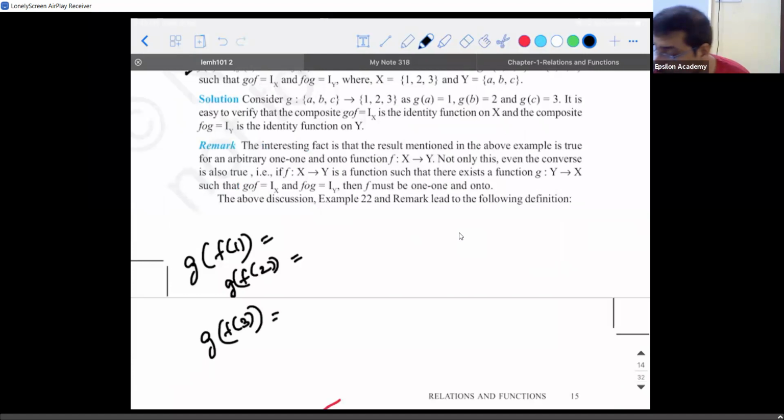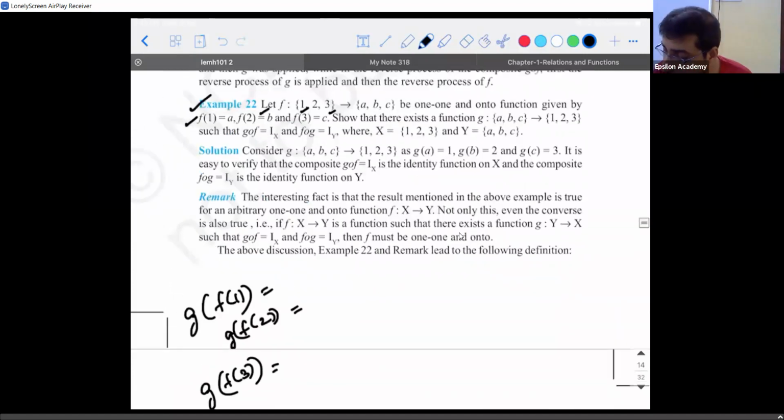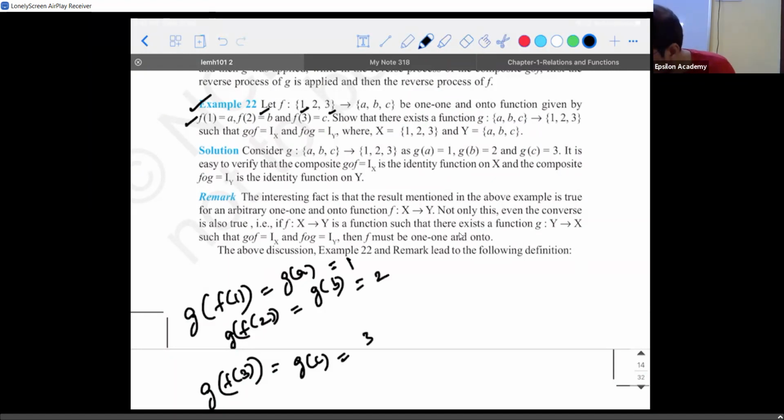What is g of f of 1? Sir, 1, 2, 3 it will come, sir. g of a, g of b, g of c. g of a is not given, sir, but g of a is 1, g of b is 2, g of c is 3.